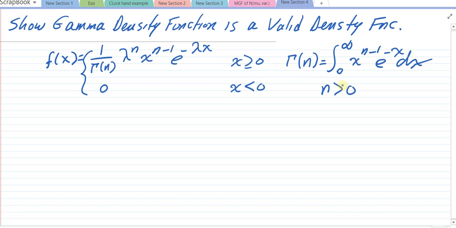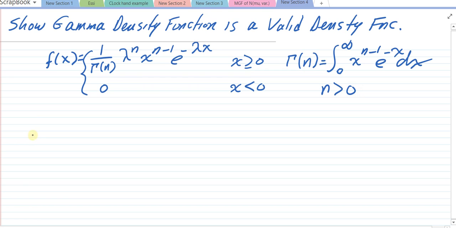Now the other thing we have to check in order to make this a valid density function is that the area under the curve has to be 1 over the domain of the function. That's what we want to show in this video.